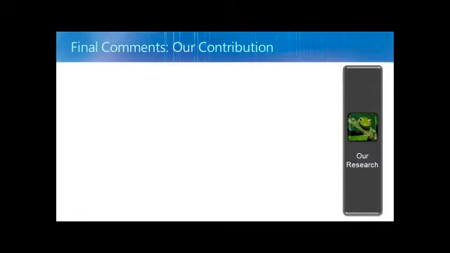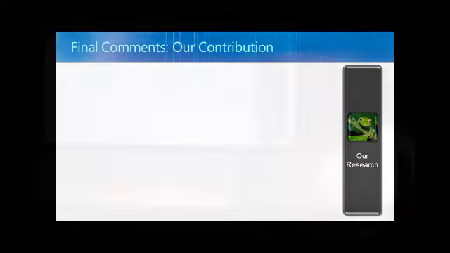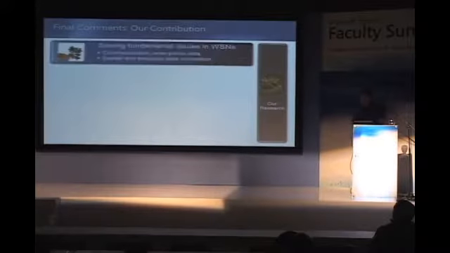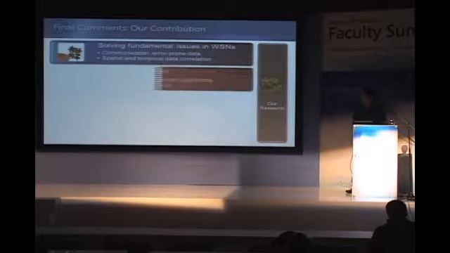And to finish our talk, our final comments about our contribution, our research: we are trying to solve some fundamental issues in sensor networks related to communication protocols, communication strategies, how to deal with the error-prone data that we have, how to do the spatial and temporal data correlation. That's a key problem and difficult. It's an open issue as well.